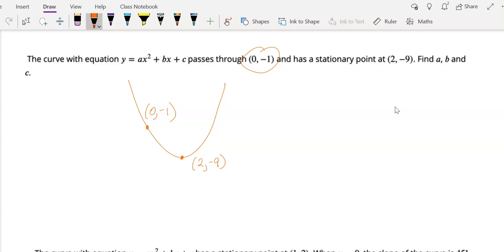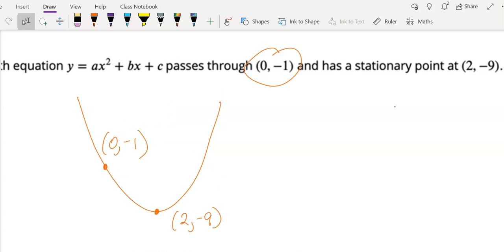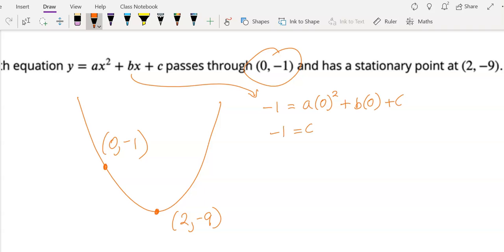I'm going to substitute x to 0 and then y becomes -1. Hence, I would end up with -1 is equal to, so that's deriving from our equation, -1 equals A times 0 squared, as a mathematician, I would write everything, even though it becomes 0, plus C. Now you will end up with C is -1.